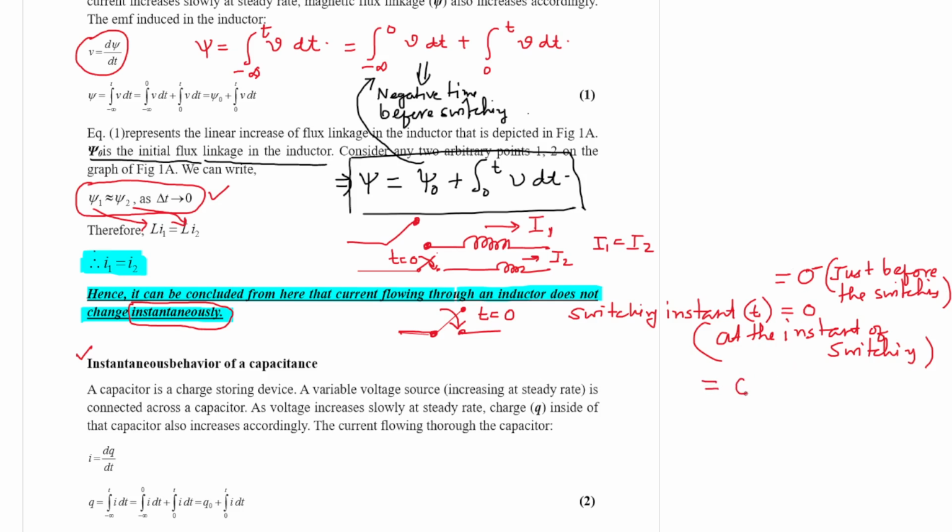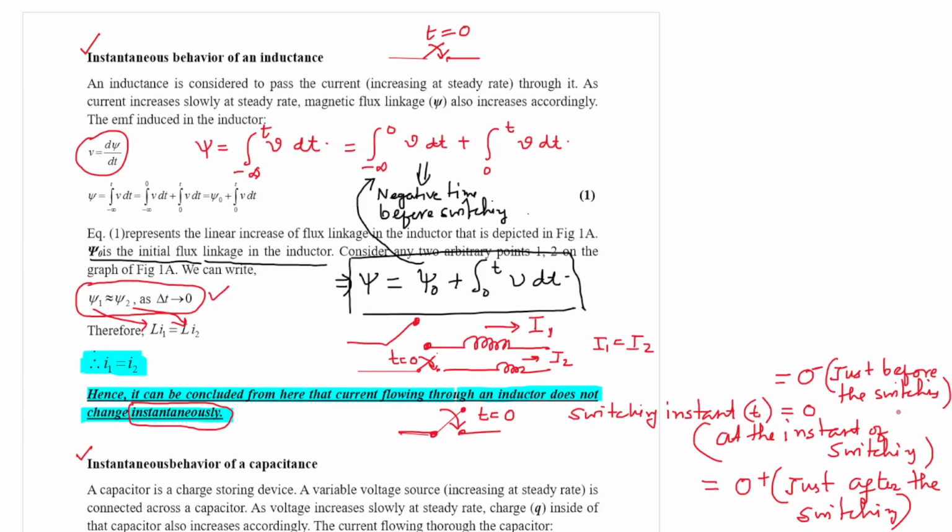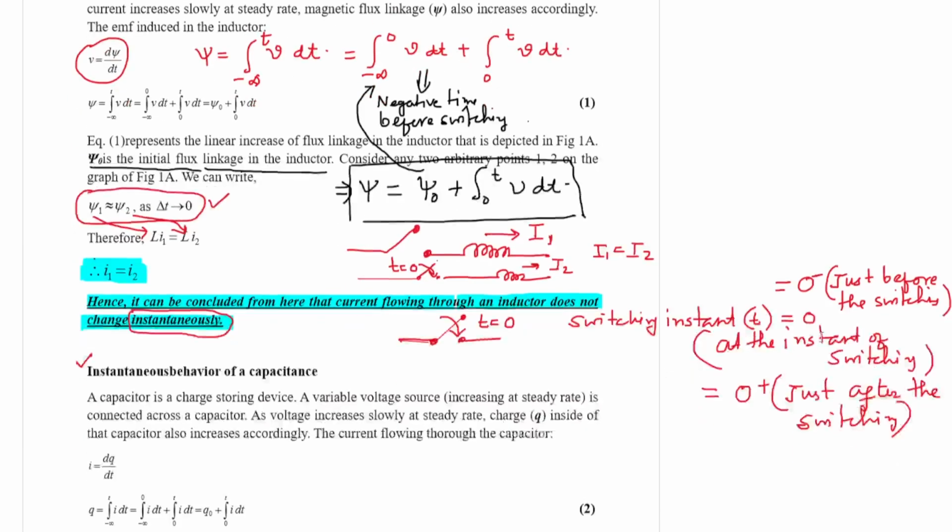Lastly, we can say t is equal to 0 plus, which is just after the switching. So the switching instant is split into three parts.